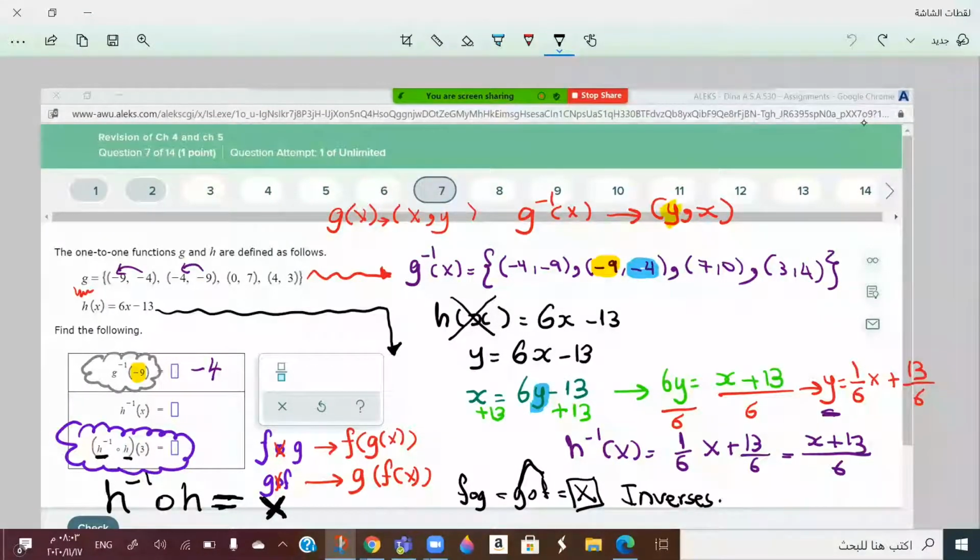So whenever it gives you this equation, H inverse of H, you should substitute it, and if you get X, that means yes, they are inverses, and all you need to do is go to this number and put it as it is, 3. And if you would like me to explain how we can substitute, I will explain here for you.